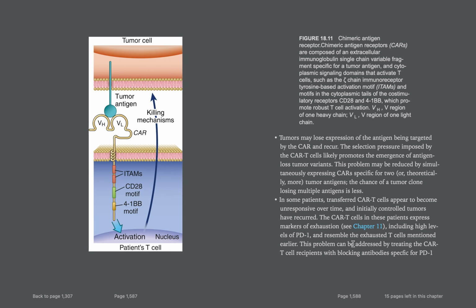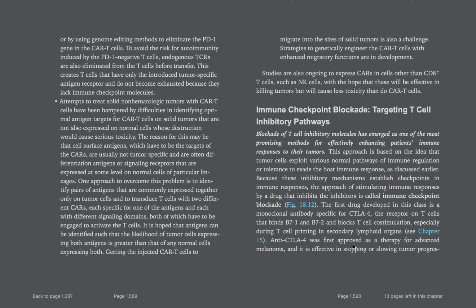The CAR T cells in these patients express markers of exhaustion, including high levels of PD-1, and resemble the exhausted T cells mentioned earlier. This problem can be addressed by treating the CAR T cell recipients with blocking antibodies specific for PD-1, or by using genome editing methods to eliminate the PD-1 gene in the CAR T cells.